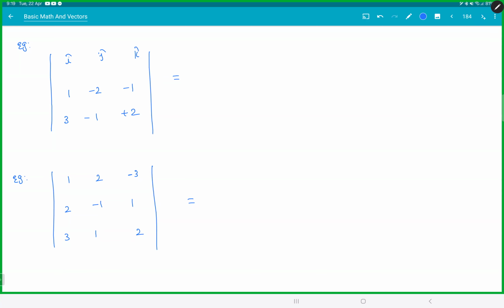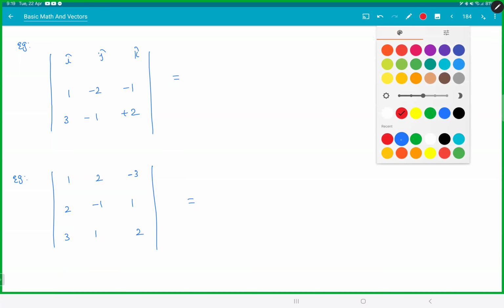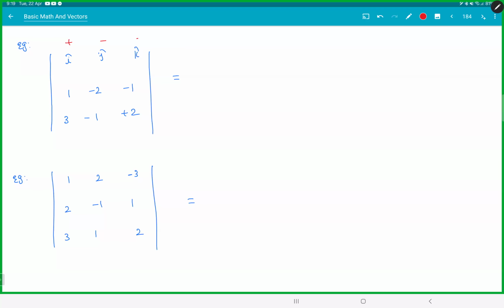Let's see. Look at the first one. So step 1, we'll put plus, minus, plus. When I take this plus, I will cancel this guy. So that will be plus i cap into, and I need to cross multiply these two and these two. So that will be minus 2 into 2 minus of minus 1 into minus 1.